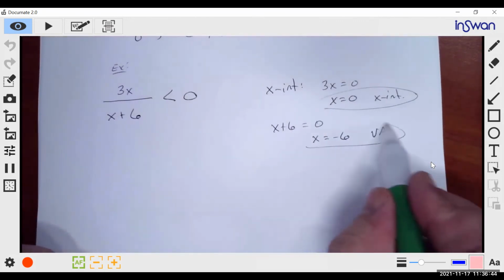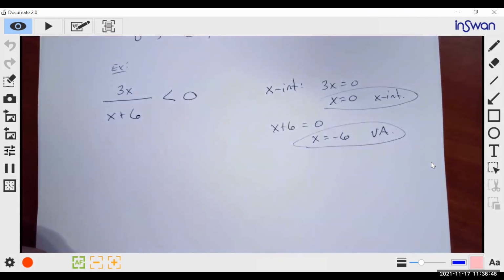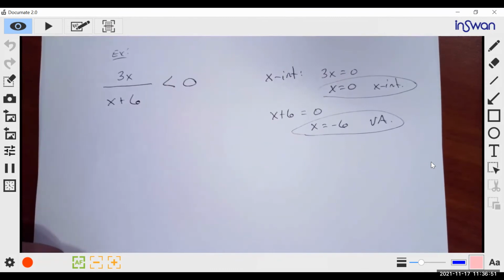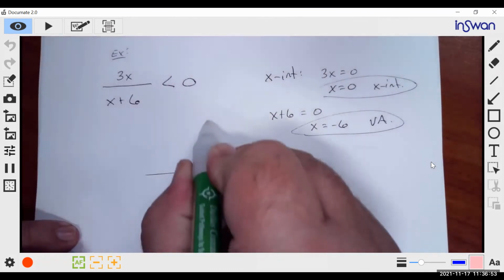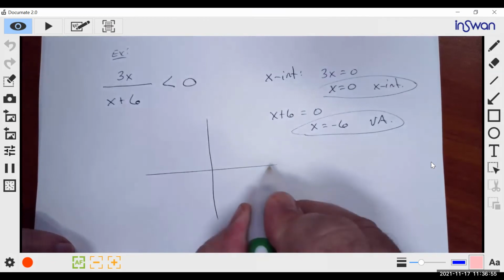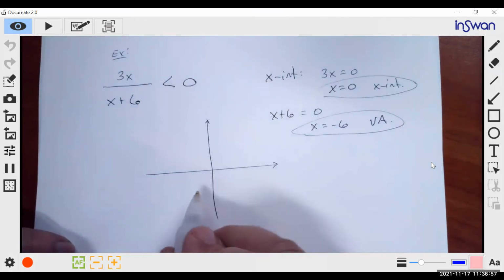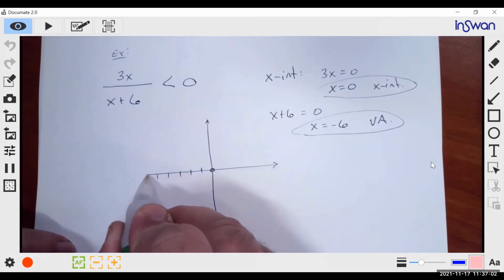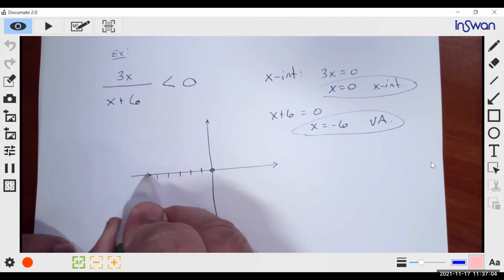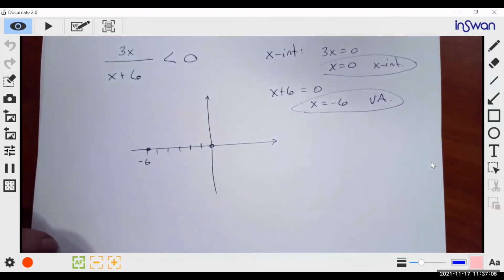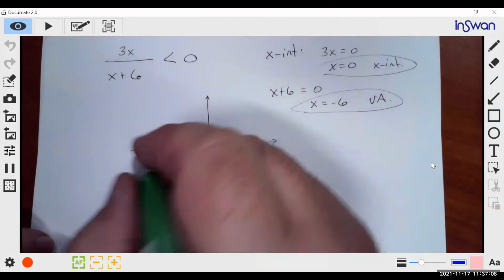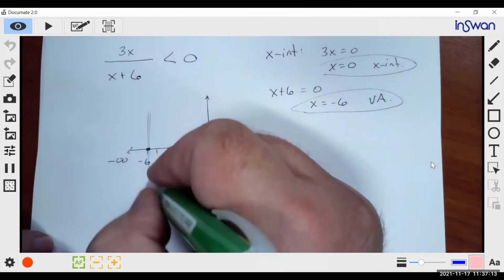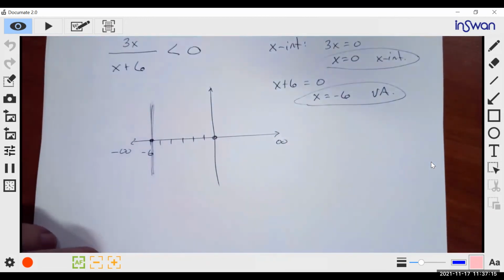Both of these are critical values. They're both important. So at 0 and -6. That's a vertical asymptote, so we can't use that at all.